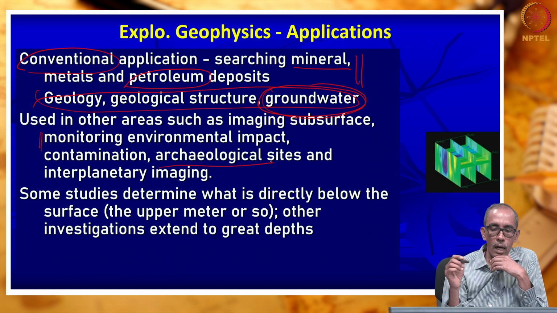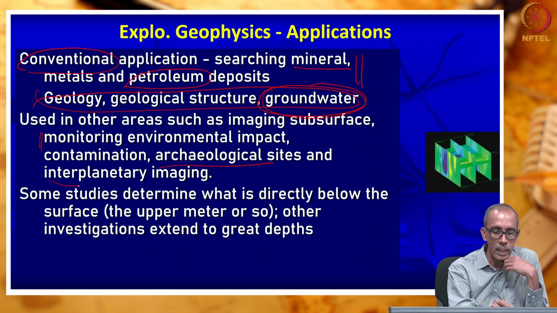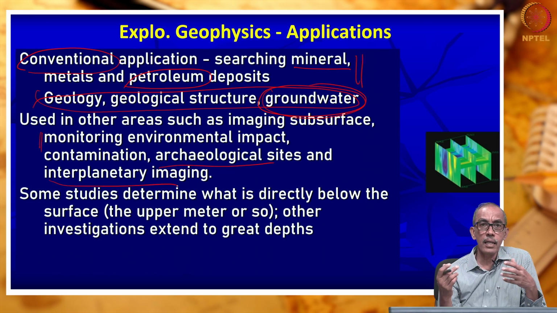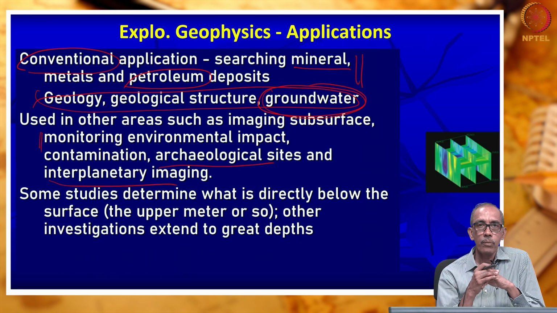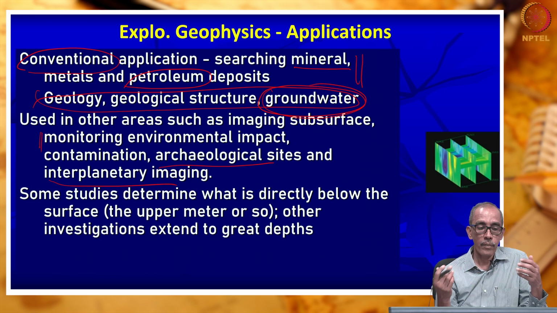Then archaeological investigations. As I had mentioned previously, to understand other planets, we deploy some tools. Chandrayaan went and landed on the moon, but it had some tools to understand the surface of the moon as well as some distance beneath the surface of the moon. So today, these techniques are often used to understand other planets too, apart from the Earth.